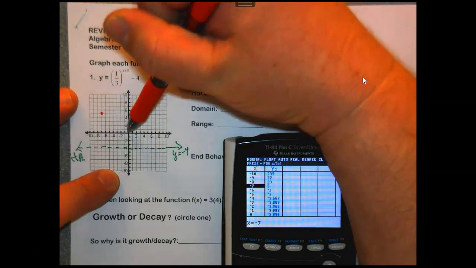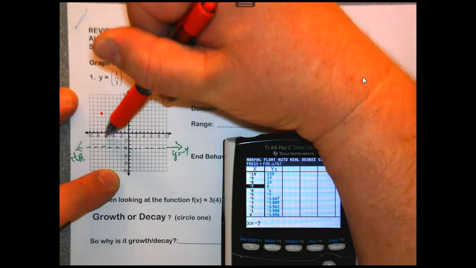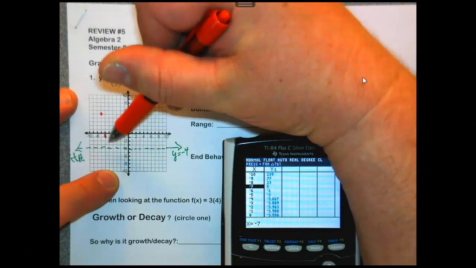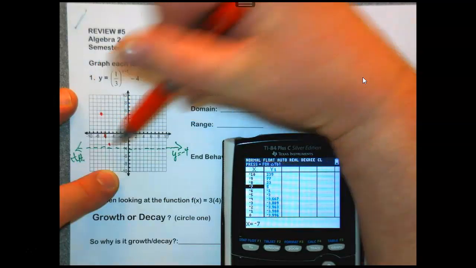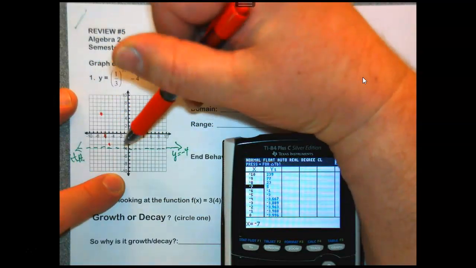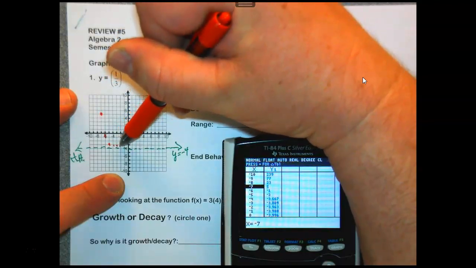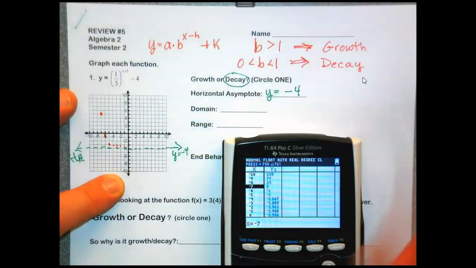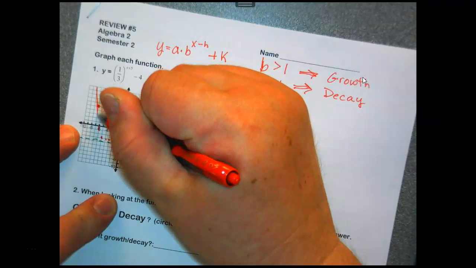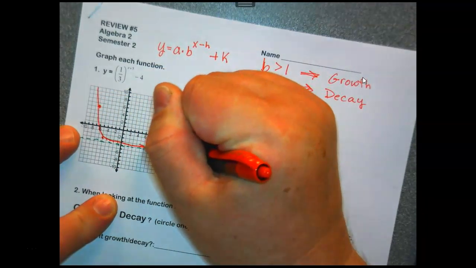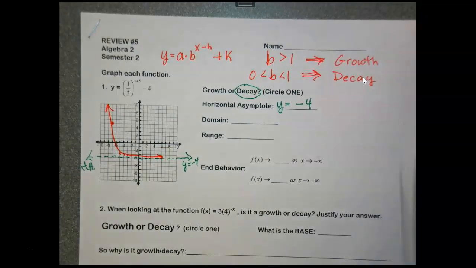Negative 6, negative 1. Negative 5, negative 3. And then it starts getting closer and closer to that y equals negative 4. This is a decay function. Okay, so there's the graph.